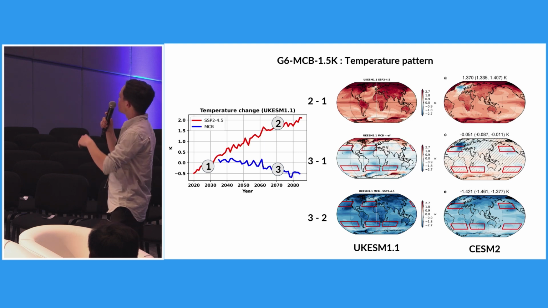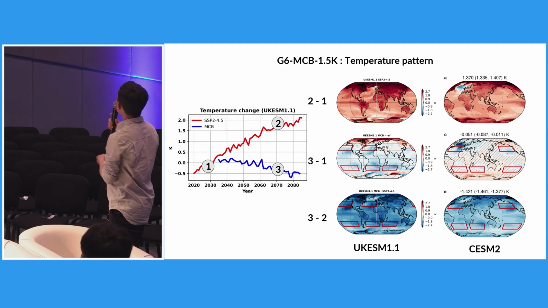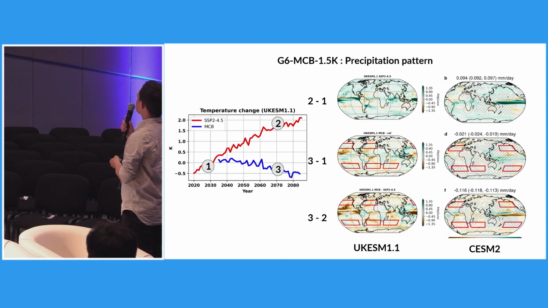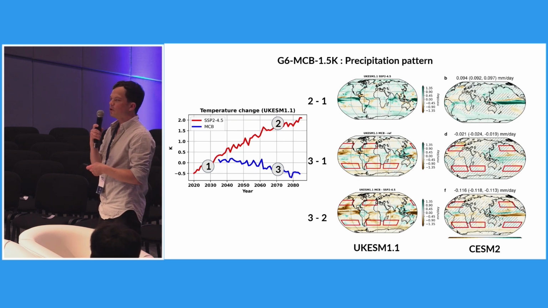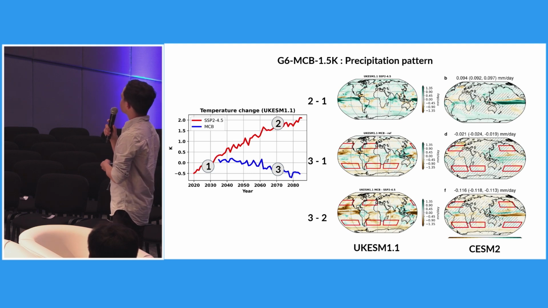And then the bottom row just shows you the MCB relative to SSP245 at the end of the simulation. And so as you can see, the cooling pattern is relatively uniform, which is quite interesting. And then, we have more analysis to do on the precipitation pattern, but at least initial results don't suggest large shifts in precipitation.